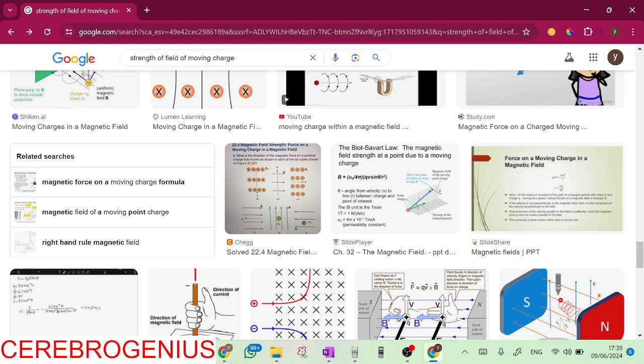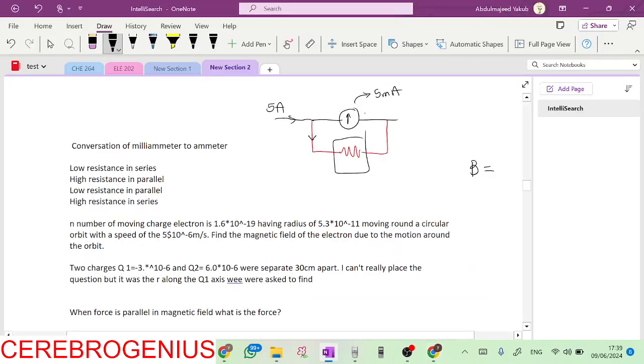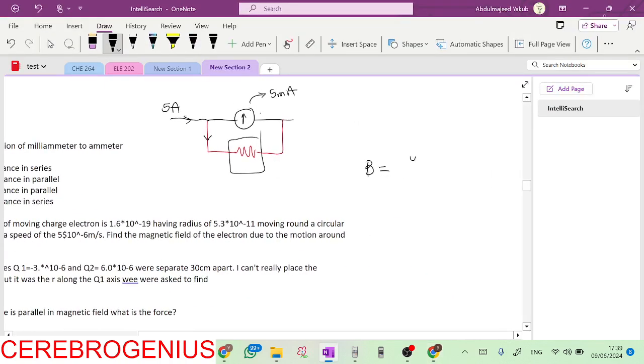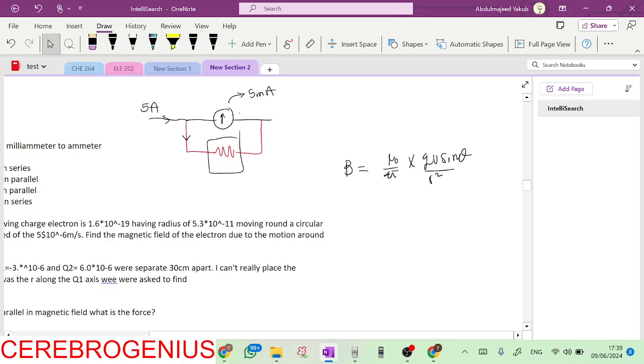Here r is the radius, we have mu naught, we have q, which is the value of the charge, and we have v, which is the speed of the electron. Now, what is theta?